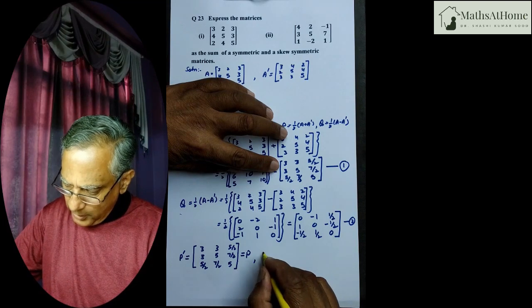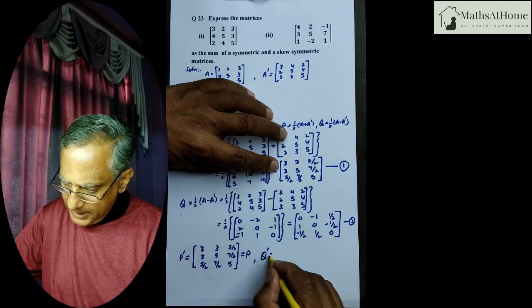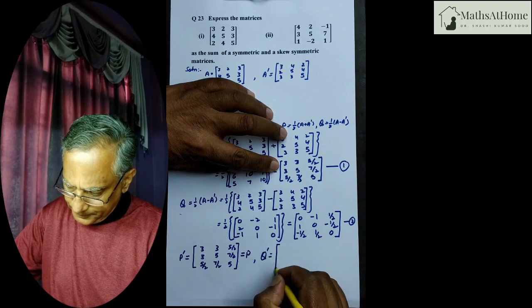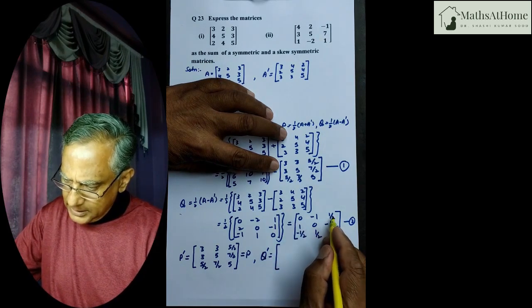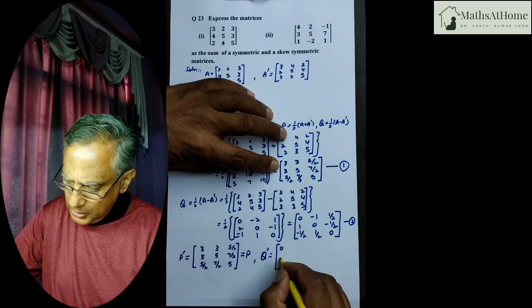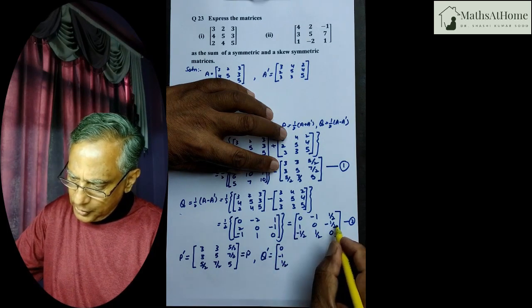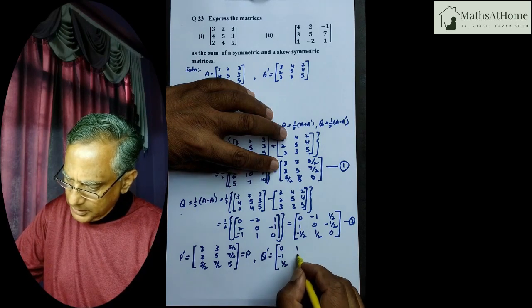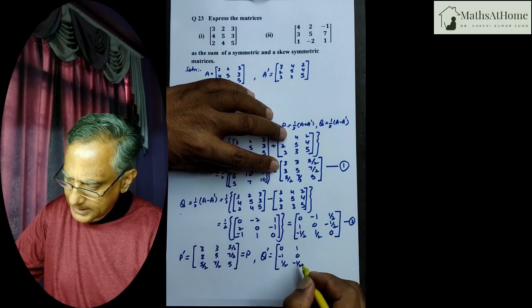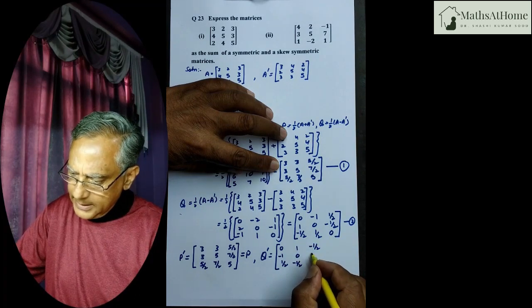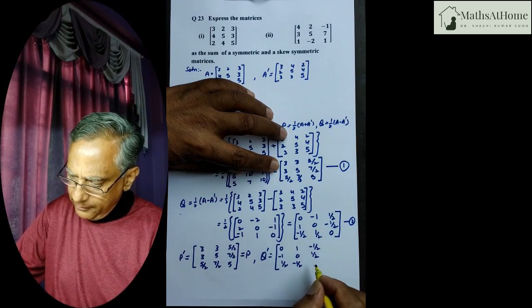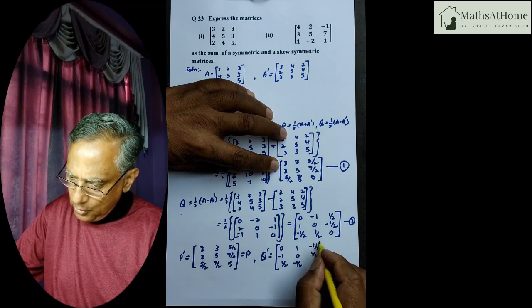And Q dash is equal to, this is Q. So Q dash is, this row will become first column. So 0, minus 1, half. This row will become second column. So this is 1, 0, minus half. This row will become third column. So minus half, half and 0.